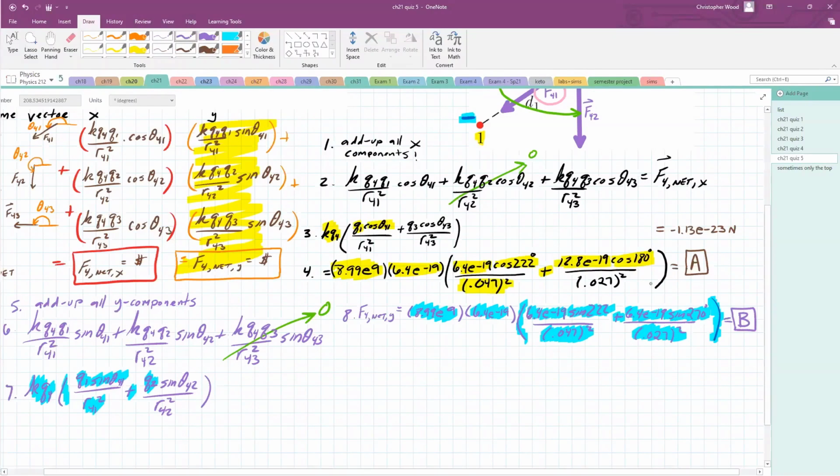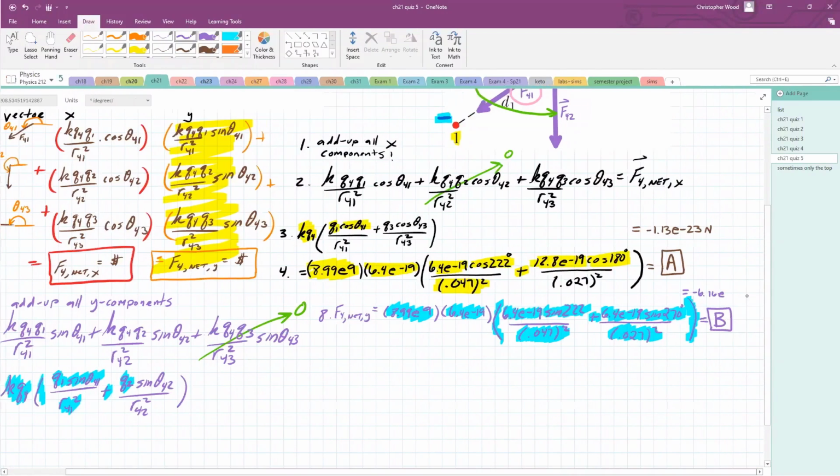Always a confidence builder. And specifically, my answer here is negative 6.16 times 10 to the minus 24th. Even smaller. Newtons.